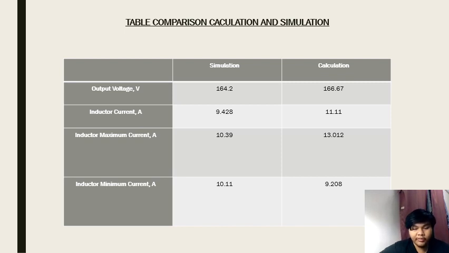And last, for inductor minimum current, we get 10.11 for simulation and 9.208 for calculation. So we can see the simulation and calculation values are just a little bit different. But for the inductor current, we made a mistake during the simulation.